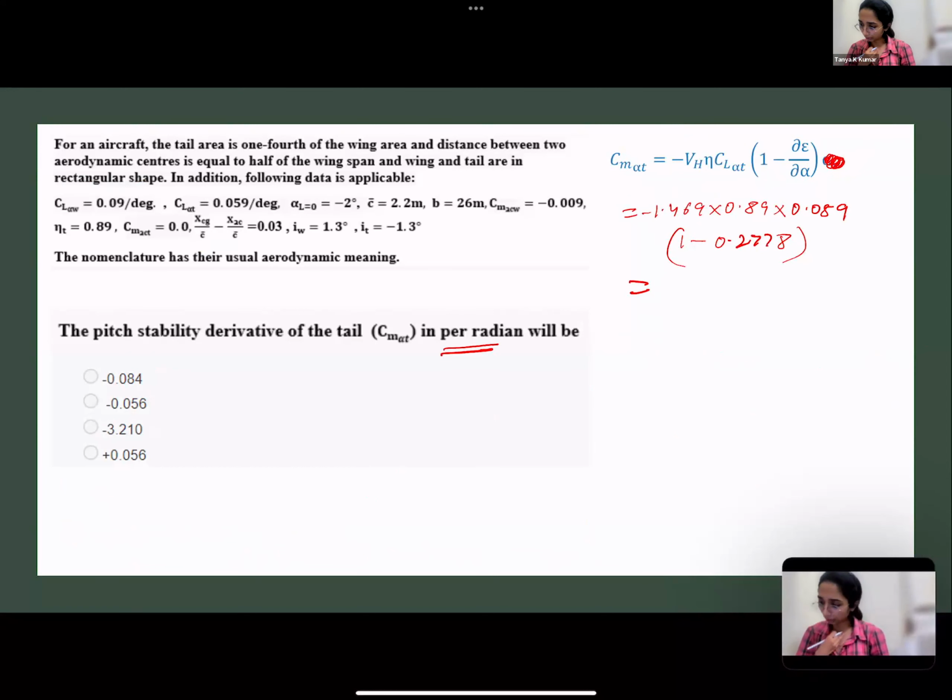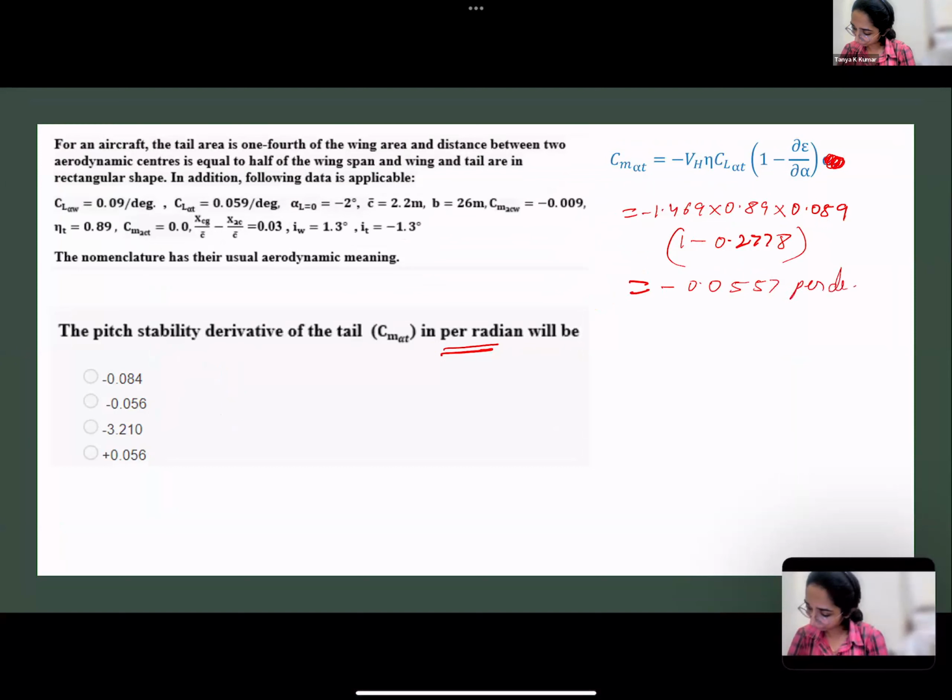Let me just calculate it. So I'm getting minus 0.0557 per degree.